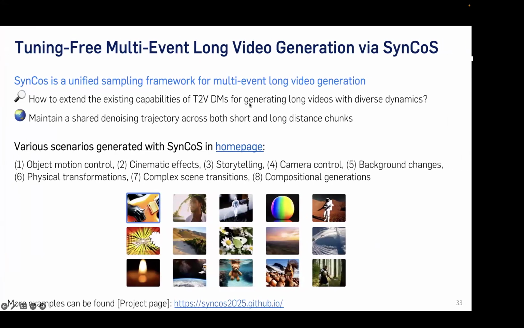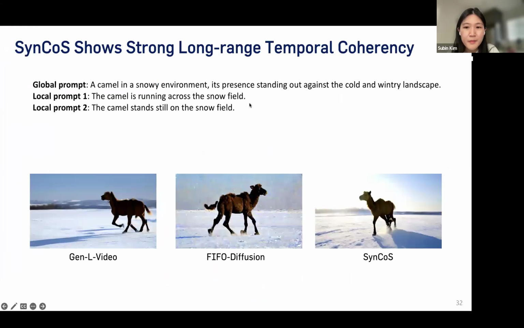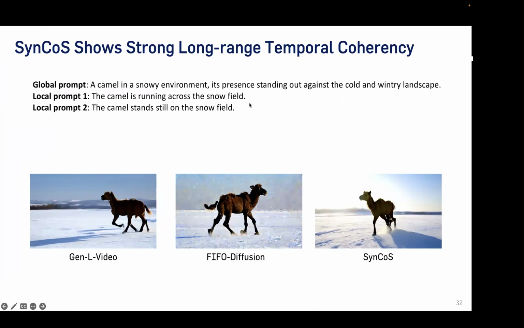Yeah, I think for me, the previous slide about the video results, I got kind of confused because I saw with SynCoS, so it's like this horse, is it the horse or the camel? Okay, the camel. It's sort of like there is semantic incoherence in the video.